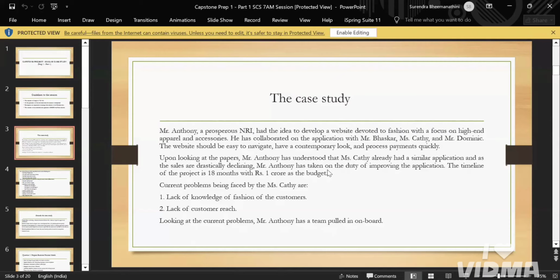For that, we have a few problems in the case study. The current problems being faced by Miss Kathy are lack of fashion knowledge of the customers and lack of customer reach. Looking at the problems, Mr. Anthony has to pull the team on board.